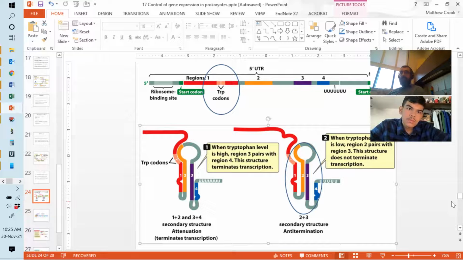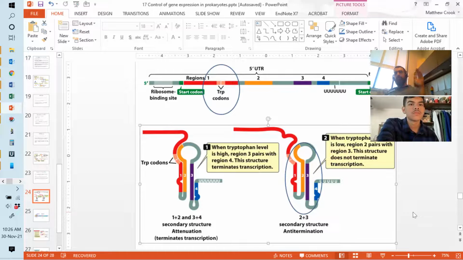Region 2 is. And so what region gets transcribed after region 2? Region 3. Okay, so if you have region 2 and 3 around, you're not going to have region 4 because it hasn't been made yet. So if you have region 2 and 3 available, which of these two conformations are you going to get? The pro-transcription.